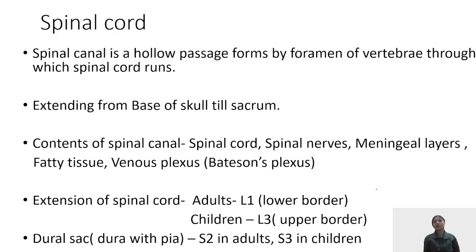The extension of the spinal cord is extremely important and asked many times, because this is very relevant to where we actually have to give a spinal or epidural anesthesia, because we have to protect the spinal cord, specifically in spinal anesthesia. Extension of the spinal cord in adults is the lower border of L1, whereas in children it ends at the upper border of L3.